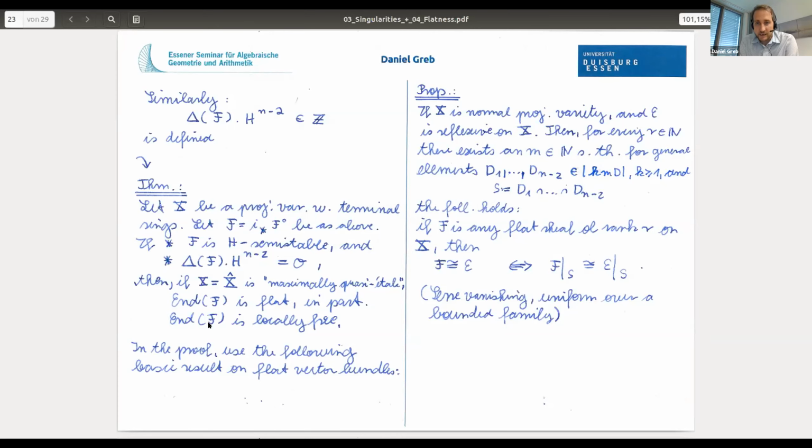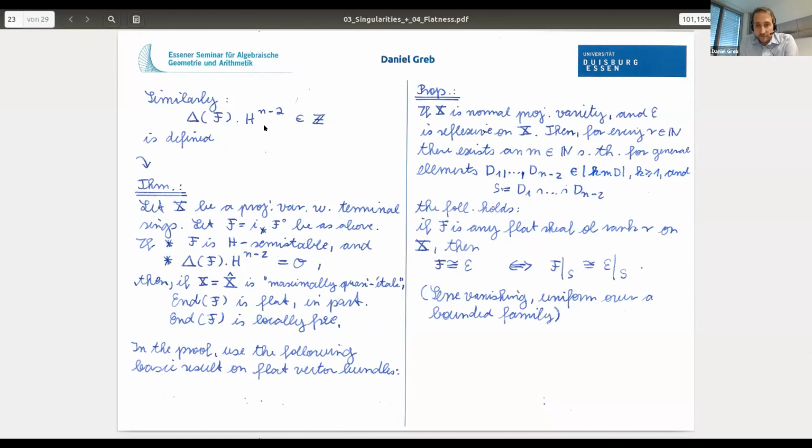Then for every R, the rank of E, there exists a number M such that for general elements D1 up to D(n-2) in |K times M times D|, where K is again bigger than or equal to 1, so essentially I prove something for MD and then all positive multiples of MD, and the corresponding complete intersection surface S, the following holds.